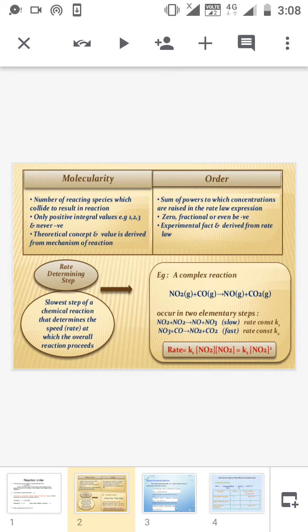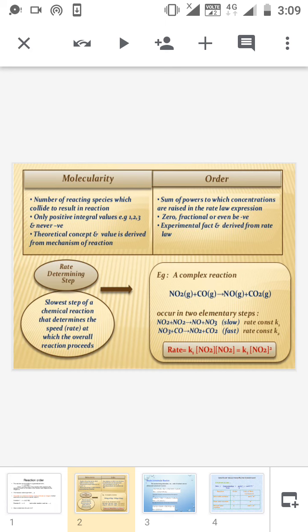The difference between molecularity and order is a very important question. The order, as we discussed, is the sum of the powers of the concentration terms in the rate law or rate equation, and molecularity is the number of reacting species which collide to result in the chemical reaction.